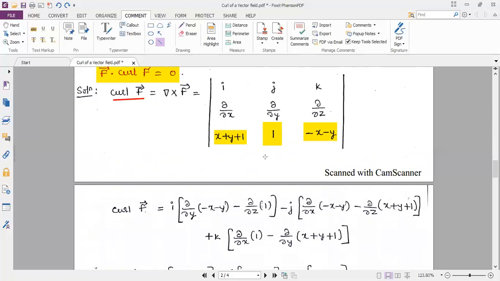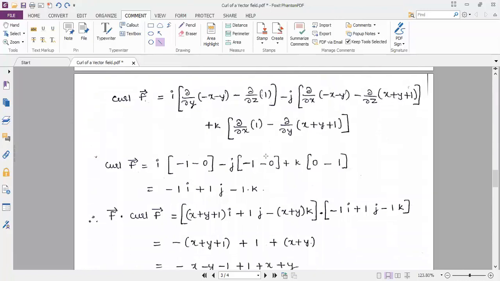So minus j cap into ∂/∂x of (−x − y) minus ∂/∂z of (x + y + 1). This is for the jth component. Finally, plus k cap into ∂/∂x of 1 minus ∂/∂y of (x + y + 1). This is for the kth component.